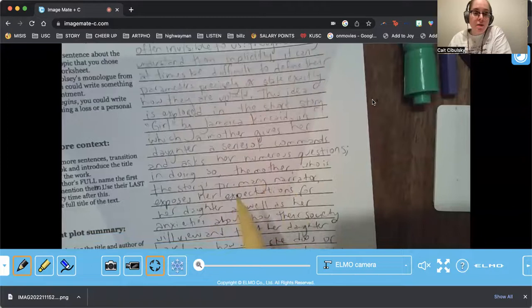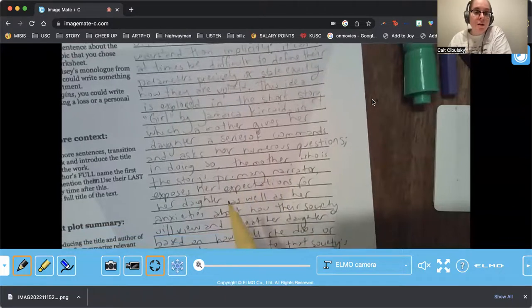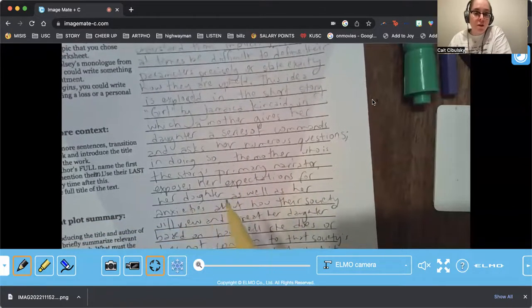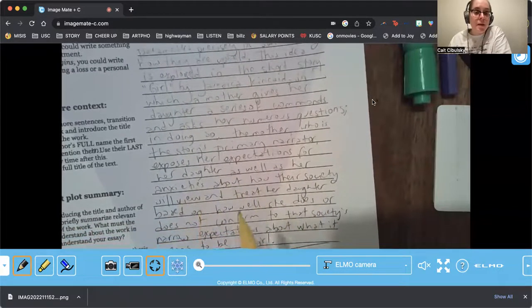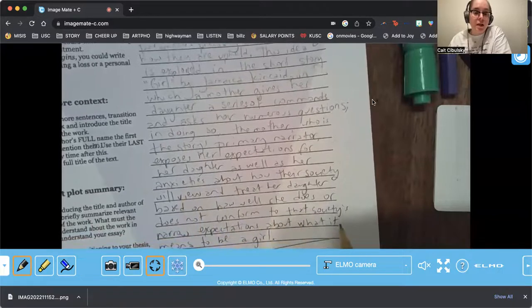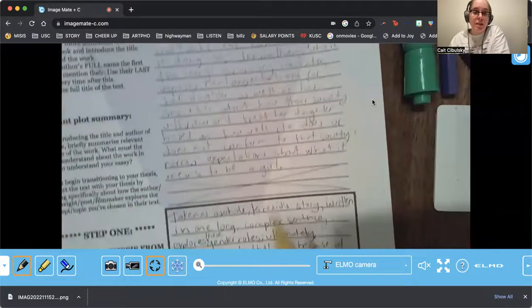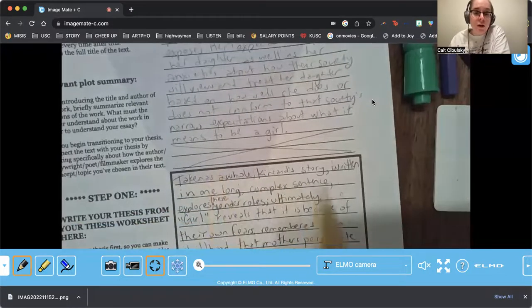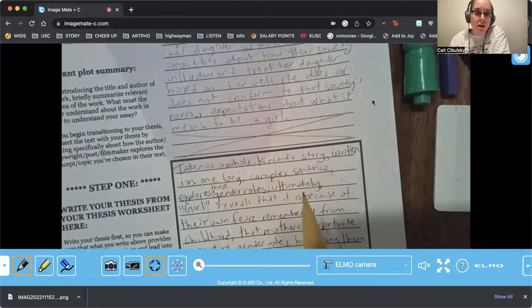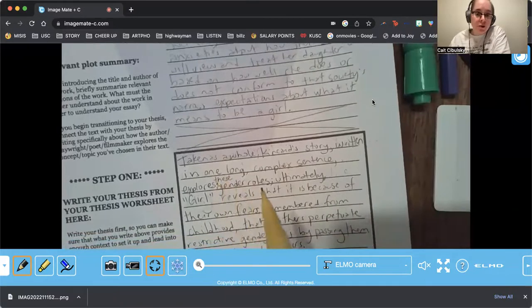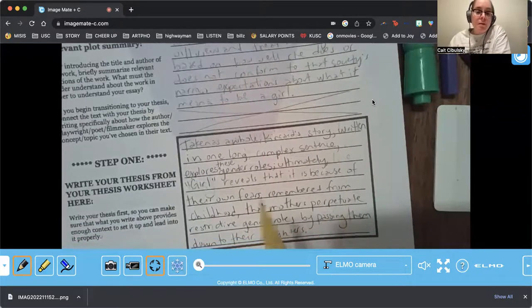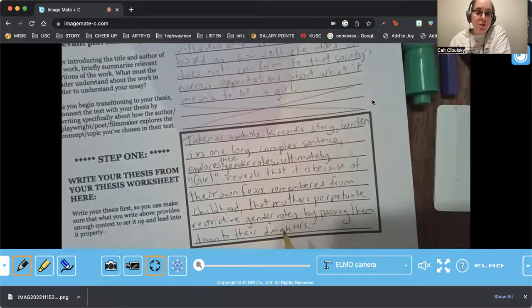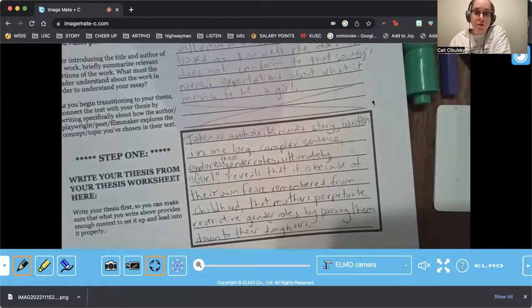In doing so, the mother, who is the story's primary narrator, exposes her expectations for her daughter, as well as her anxieties about how their society will view and treat her daughter based on how well she does or does not conform to that society's narrow expectations about what it means to be a girl. Taken as a whole, Kincaid's story, written in one long, complex sentence, explores these gender roles. Ultimately, Girl reveals that it is because of their own fears, remembered from childhood, that mothers perpetuate restrictive gender roles by passing them down to their daughters.